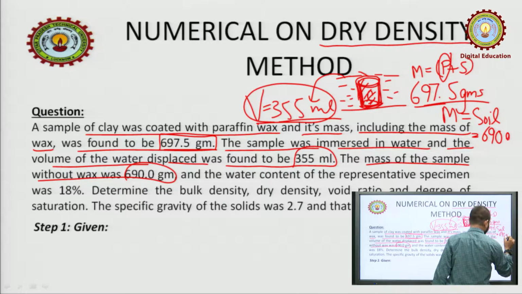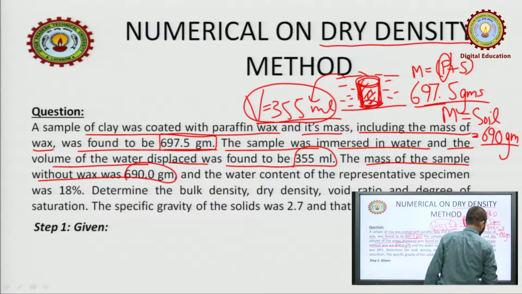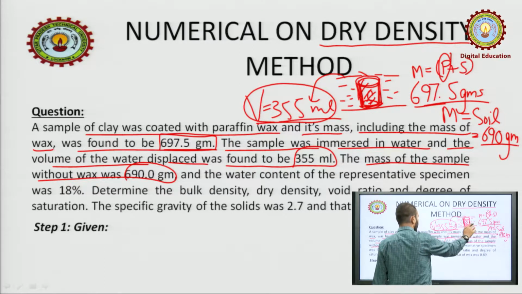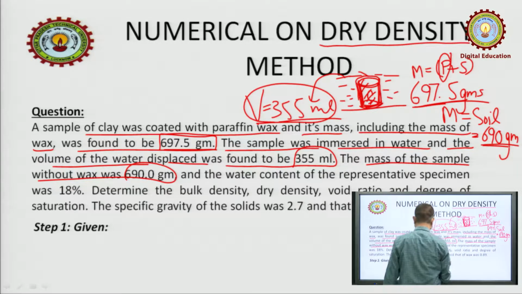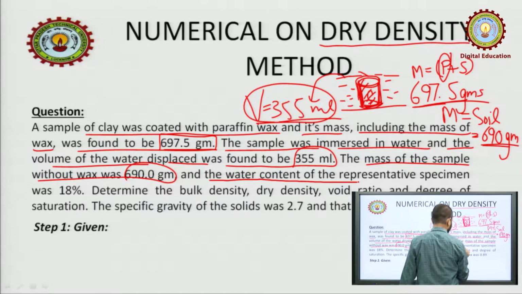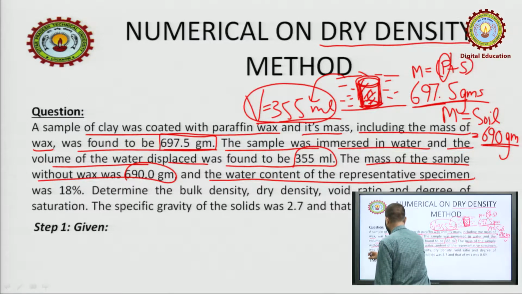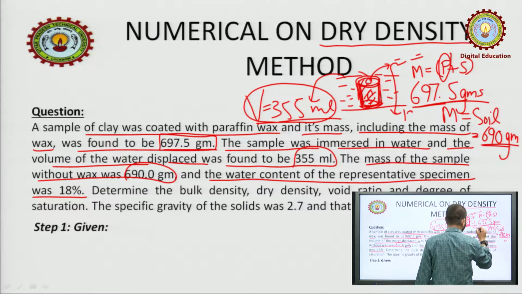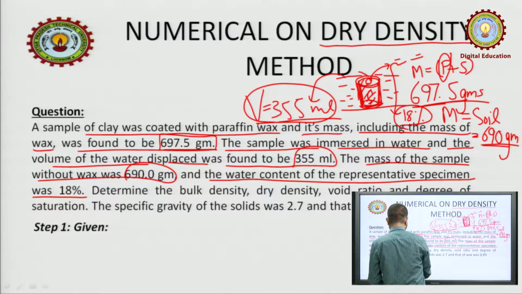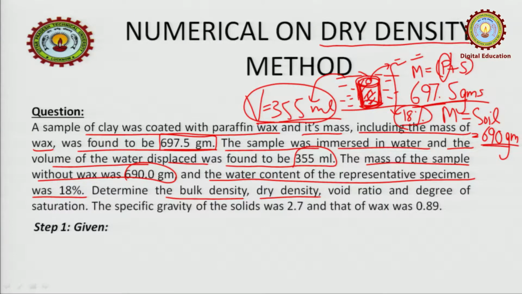Okay, so this is the total and this is for soil only. Now the water content of the representative specimen was 18%, meaning some part of this soil was taken and the oven drying method or some other method was used to find its water content, which came out to be 18%. Determine the bulk density, dry density, void ratio, degree of saturation.